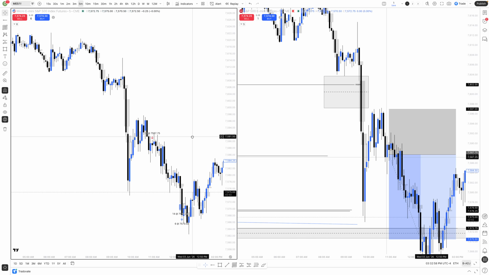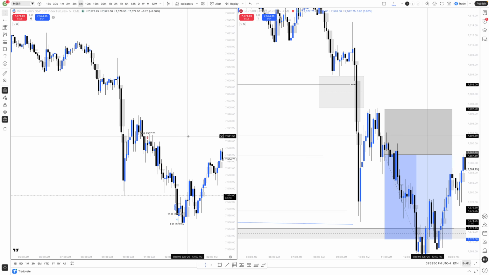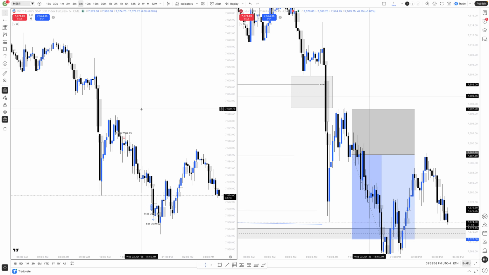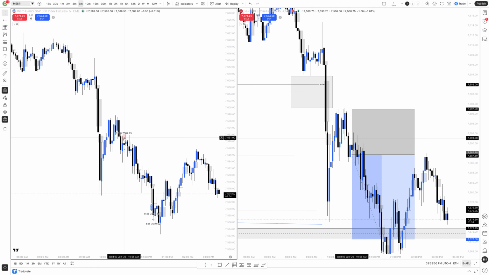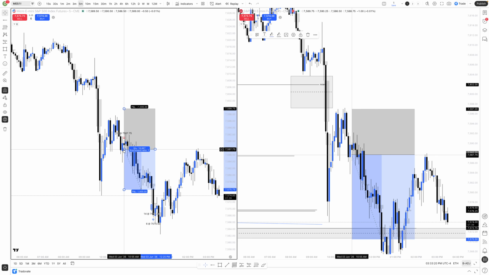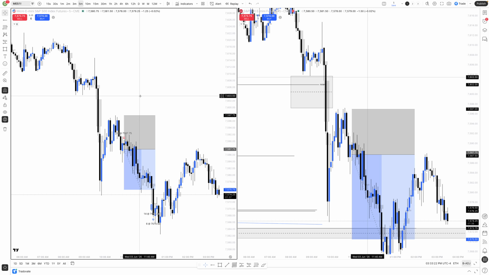Yesterday, if you noticed that really weird wick on ES, yeah, sold 21 here. Exactly at what? Sold 20 here. 7587.75. Stops here.